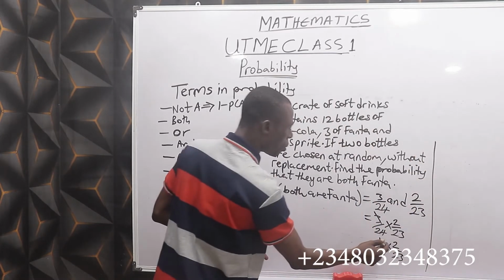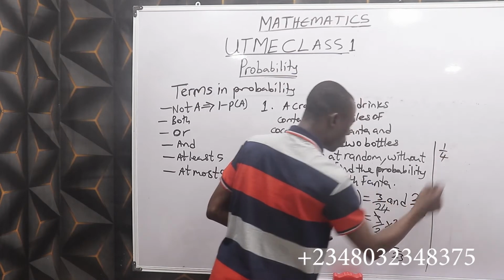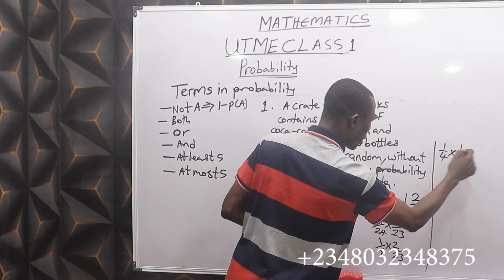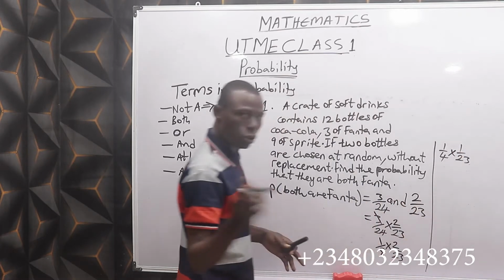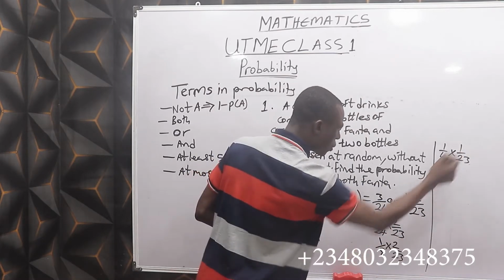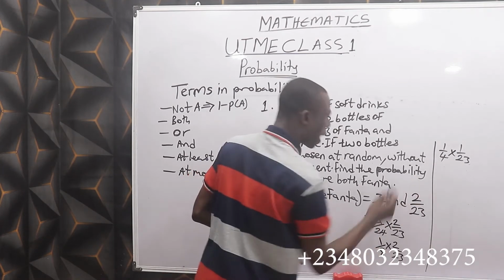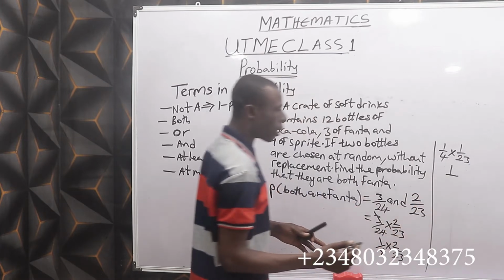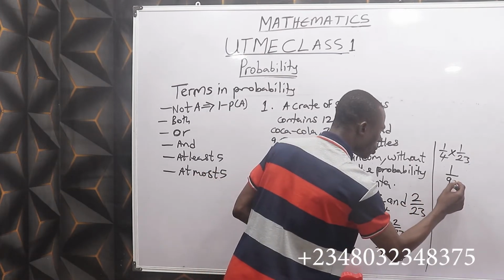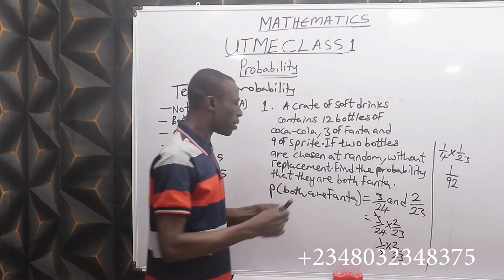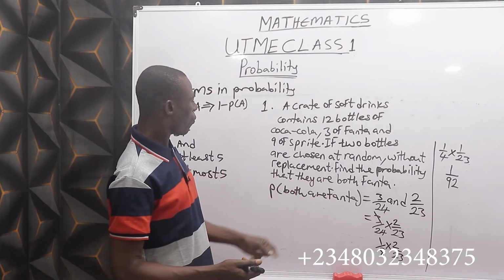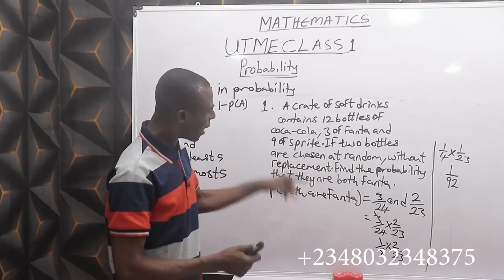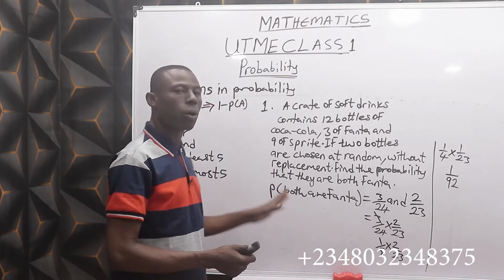Coming here, we have 1 over 4 because 2 in 2 is 1, and 2 in 8 is 4. So 1 times 1 is 1. 4 times 23, that is 92. And that is the probability of choosing 2 bottles that are Fanta without replacement.